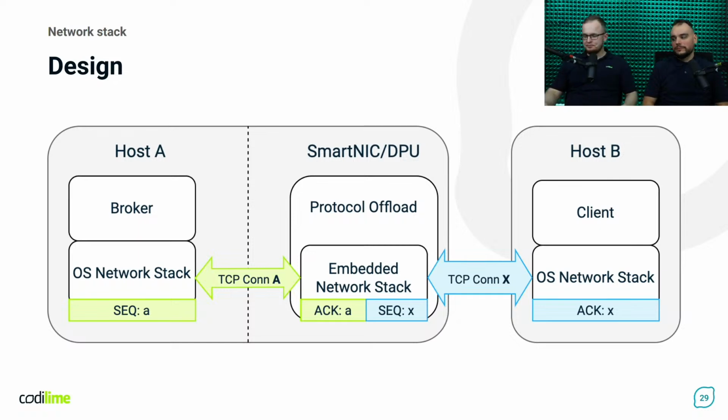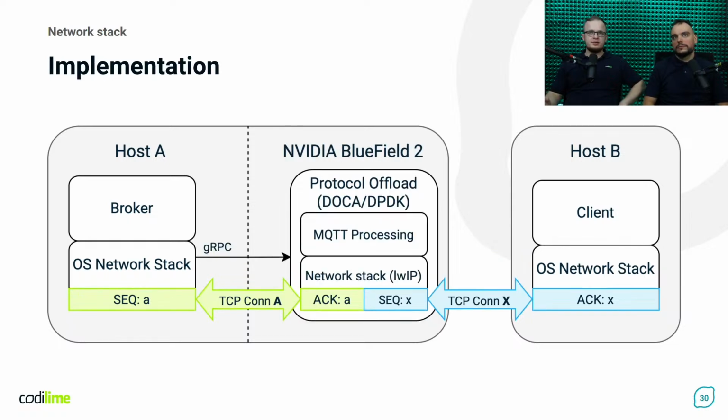Implementation-wise, for the network stack, we've decided to go with lightweight IP. There are multiple DPDK-based network stacks, ANS, F-Stack. But the problem was that the DOCA version that we've used was integrated with a newer DPDK version than the one the DPDK-based network stacks were using, and it was a hassle to bump them up and add additional porting code to just make it work.